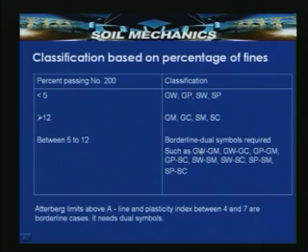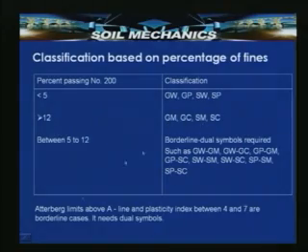Borderline dual symbols are required. Suppose you have 5 to 12 percent, then we have symbols such as GW-GM, GW-GC, GP-GM, GP-GC, SW-SM, SW-SC, SP-SM, SP-SC. That means, for example, well graded sand with some amount of silt. So, these are the borderline cases indicated when the percentage passing is between 5 and 12.